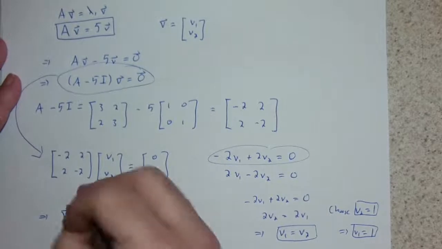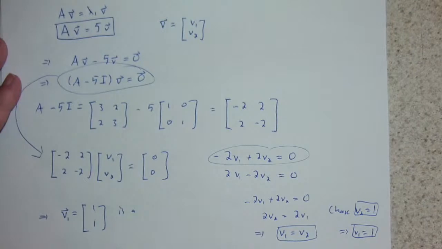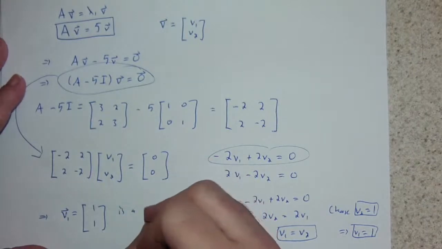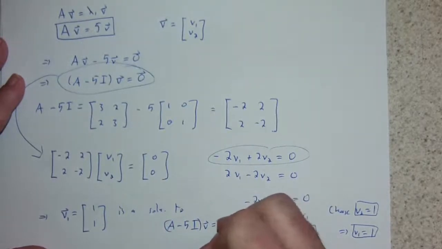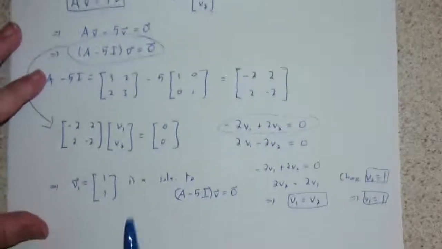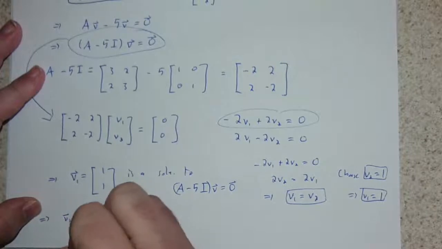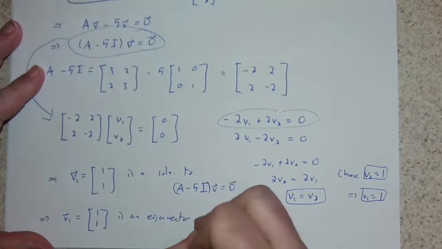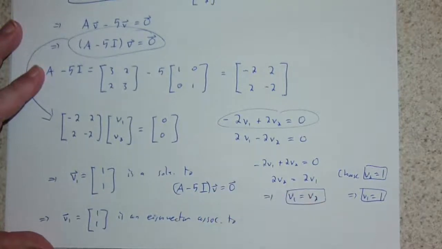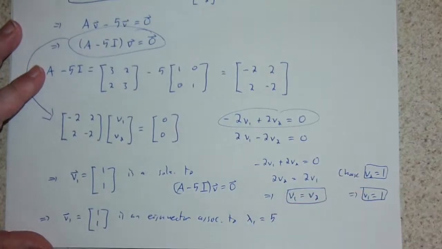I'm going to label it as vector v1, which is the vector 1, 1. This is a solution to A minus 5I times v is equal to 0. Another way of saying that is that the vector v1, which is 1, 1, is an eigenvector associated to the eigenvalue lambda 1 is equal to 5.